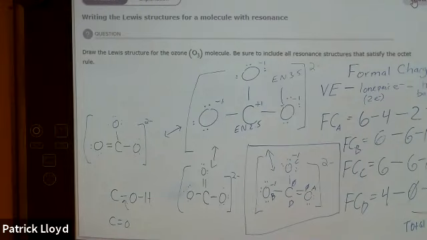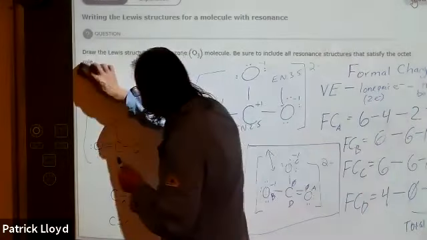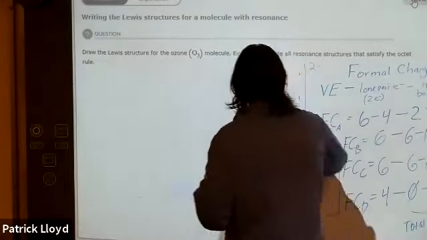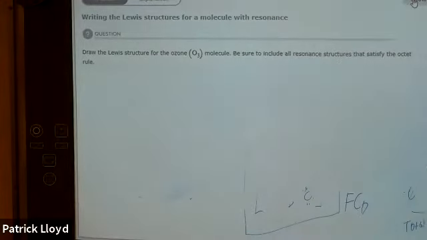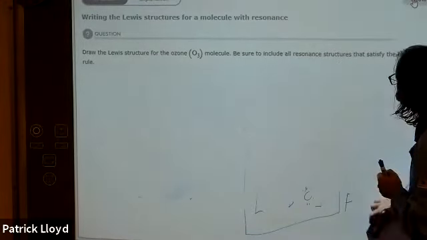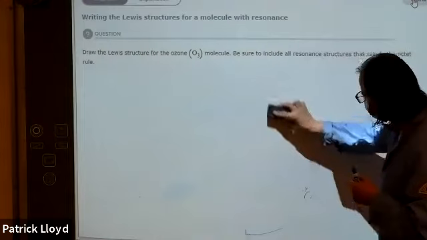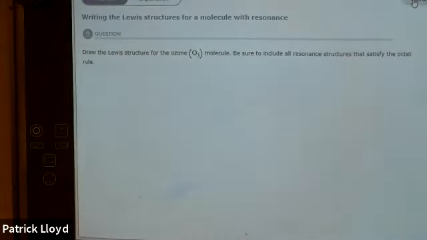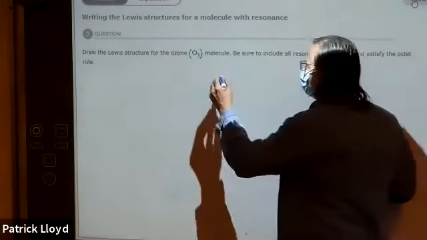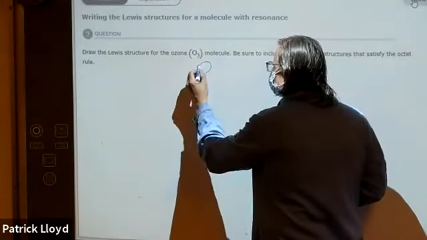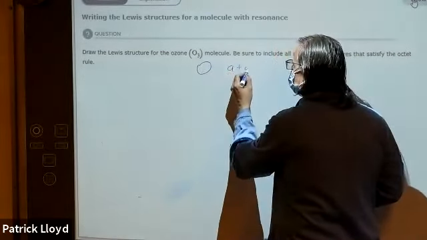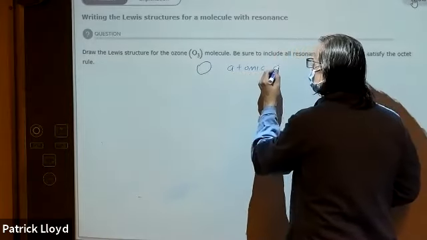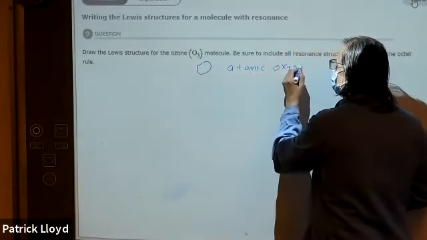Ozone. Ozone's a fun one. It's not charged, it's just O3. It's an interesting form of oxygen. When you have one oxygen, this is often referred to as atomic oxygen, because it's an atom.